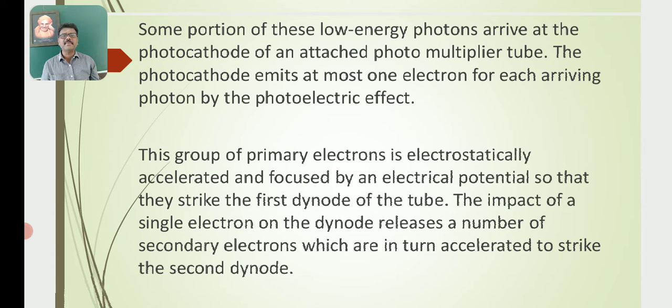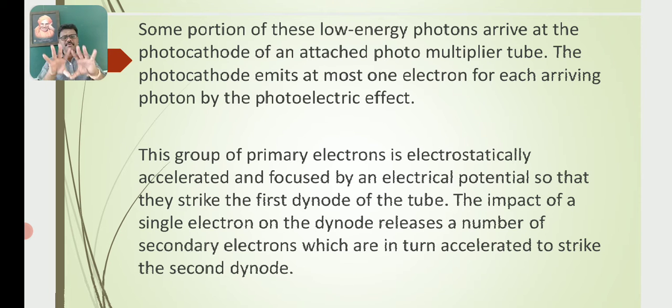This group of primary electrons is electrostatically accelerated with the help of a high potential battery and focused by an electrical potential so that they strike the first diode of the tube. The impact of a single electron on the diode releases a number of secondary electrons which are in turn accelerated to strike the second diode.